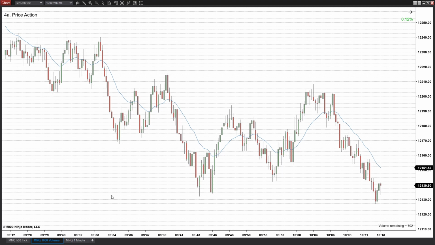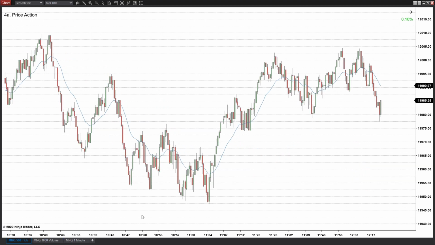The reason I like tick charts and volume charts is mainly because they're great for a more in-depth, psychological, scalping type perspective. When you're looking at tick charts from more of a structured standpoint, it can give you some benefits in terms of where the market's opening or closing, etc. But realistically, tick charts and volume charts are better suited for scalping because they give you more of a psychological view of what's going on.